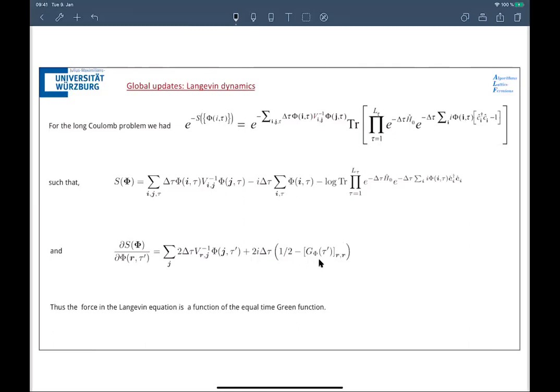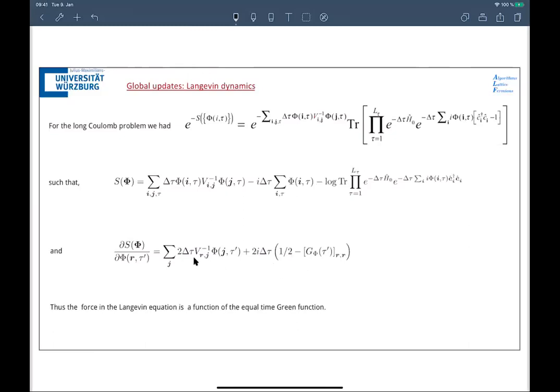If you look at this long-range Coulomb code at half-filling where you have no sign problem, because of particle-hole symmetry, the real part of the Green's function at the same position is exactly equal to 1/2. So this 1/2 will cancel the real part of the Green's function. You will always have something purely imaginary here, and that will be multiplied by I, and you get something which is real. So that's okay.